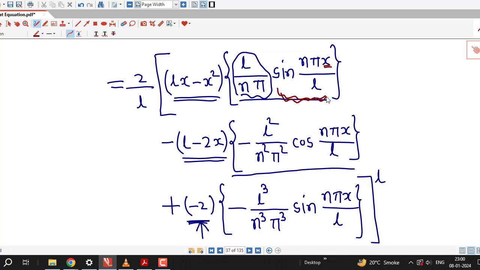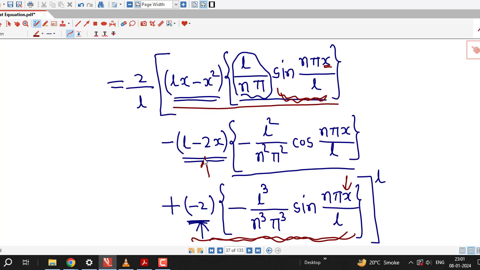So there is no contribution from this term for x equal to L. Same thing here. Here also if I take x equal to L, I will obtain sin n pi. So this is going to give us a 0 contribution.